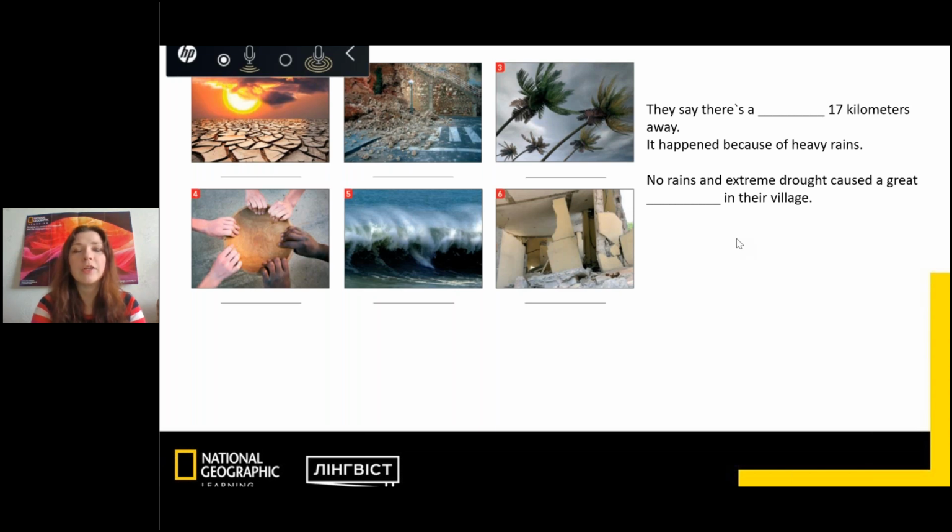So there are 2 words from the pictures that can be put in the gap. For the first sentence, and for the second sentence, what are they? All right, thank you for your answers.